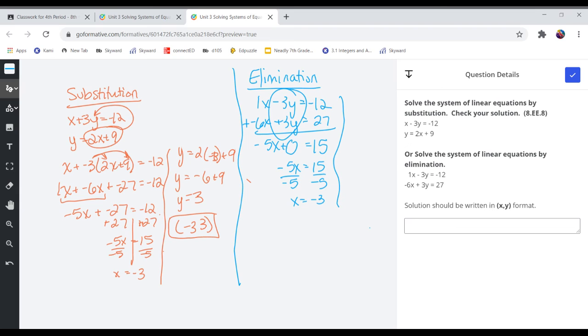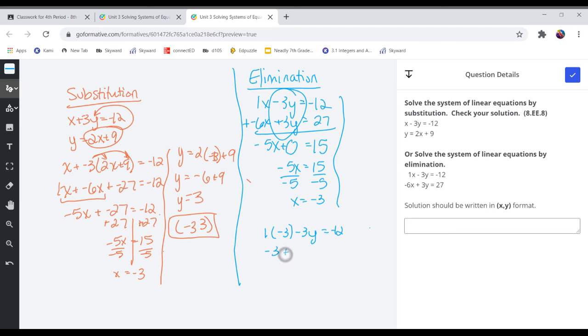All right, so I'm going to take my answer and plug it into one of the equations. I'll go with the first. So 1 times negative 3 minus 3y equals negative 12.